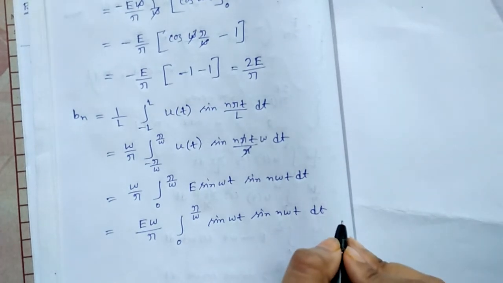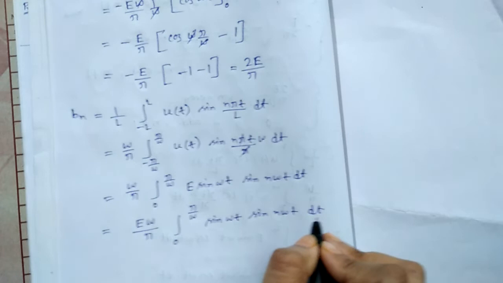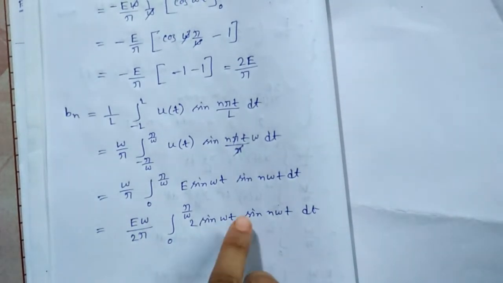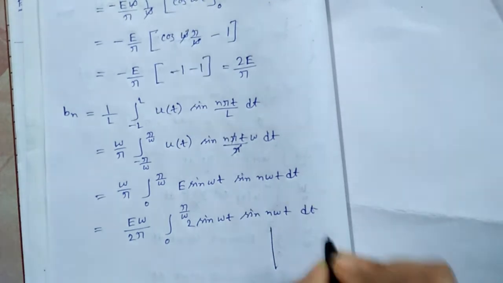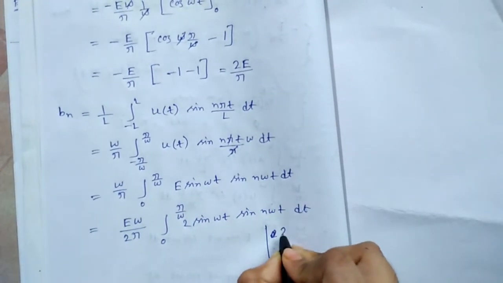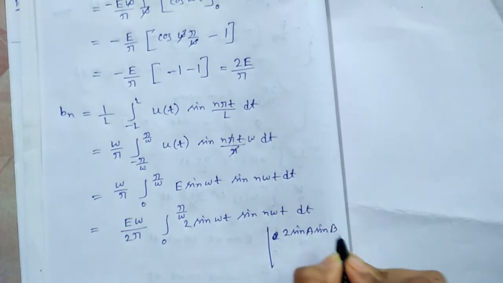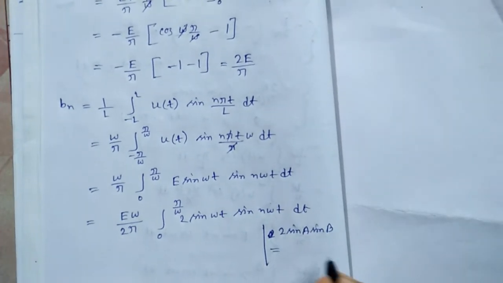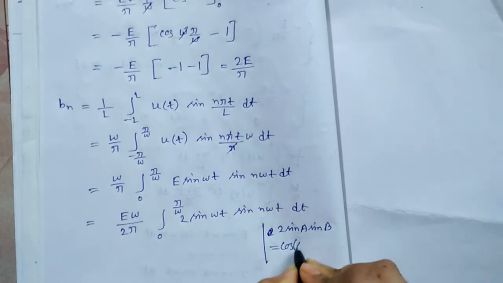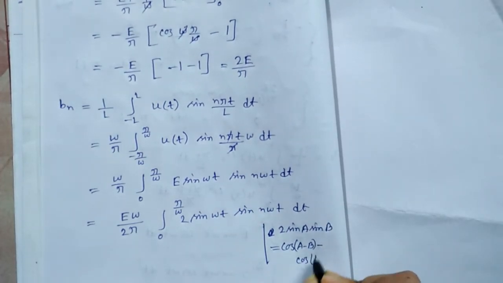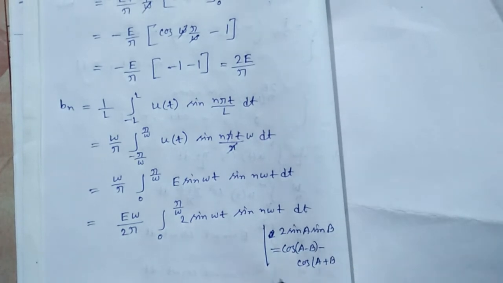And again we are going to use a formula. This is 2 sin A sin B. So the formula is 2 sin A sin B equals cos(A minus B) minus cos(A plus B).